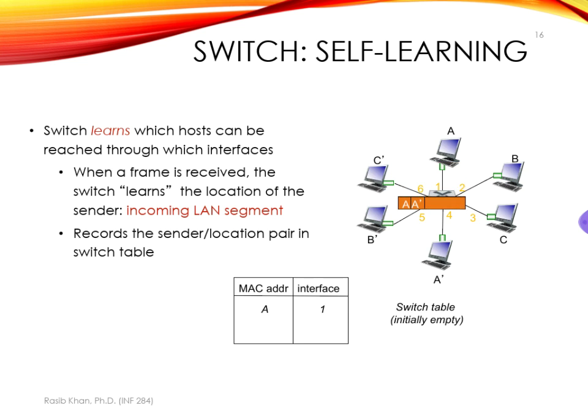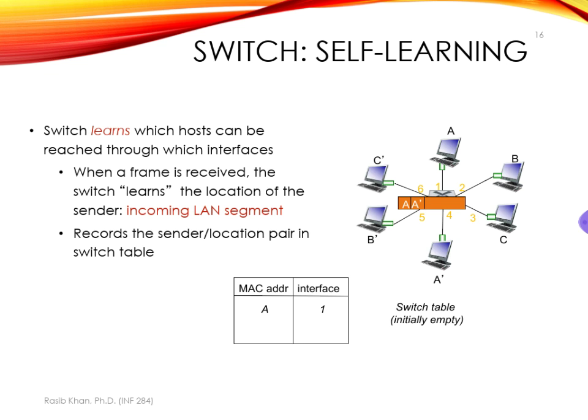At this point, the switch knows, looking at this frame, that it just received this frame through interface 1, and the source mentioned in the frame is A. So the switch looks at its table and sees that, okay, now I know that A is connected through my interface number 1, and do I have this record in the table? When it sees that it does not, it puts in this information for the future.